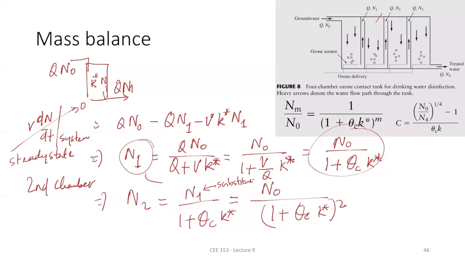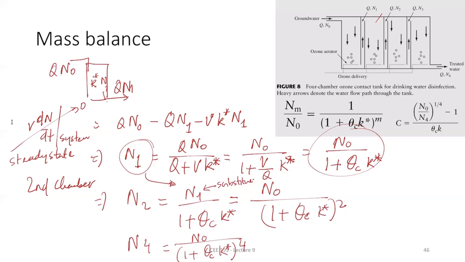So what does that mean? If you have 4 chambers, the final effluent, which is N4, would be N0 divided by 1 plus theta K star, to the power 4. So that's what you will receive.